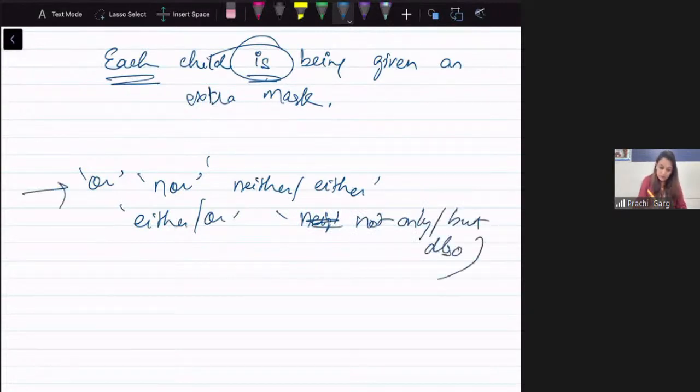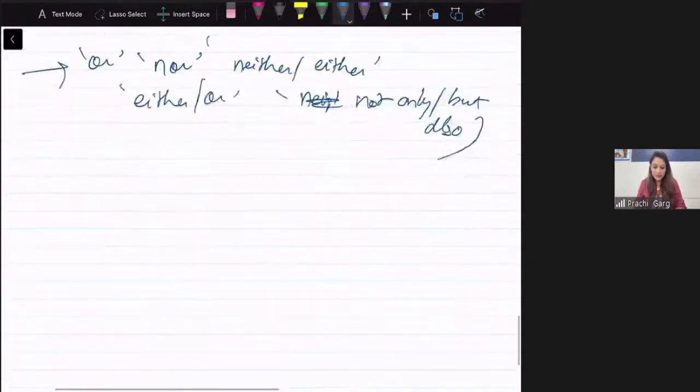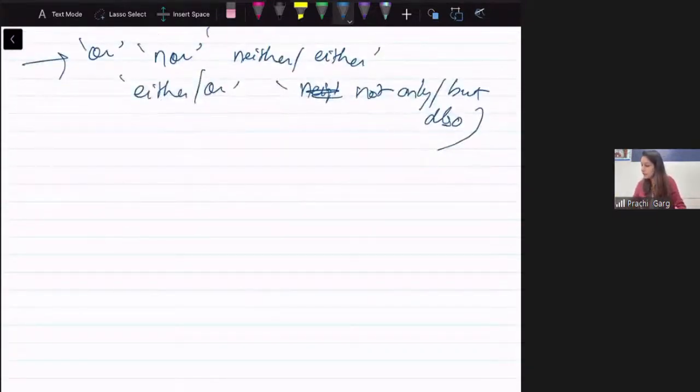Whenever we use these, there are three rules to it. The first one says, again, if the subject is singular, the verb is singular.